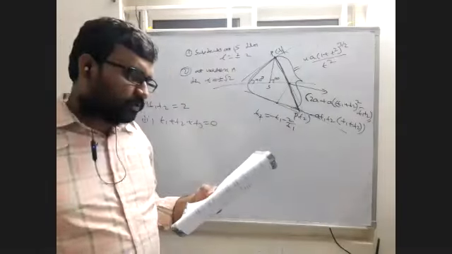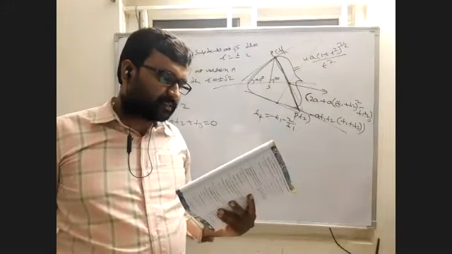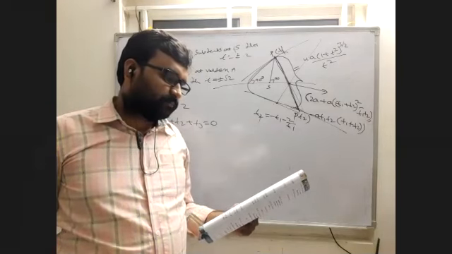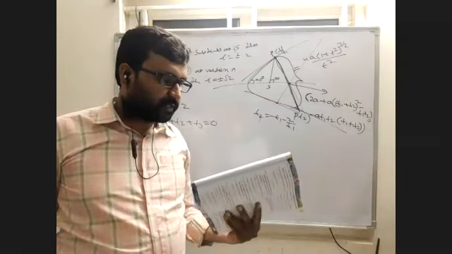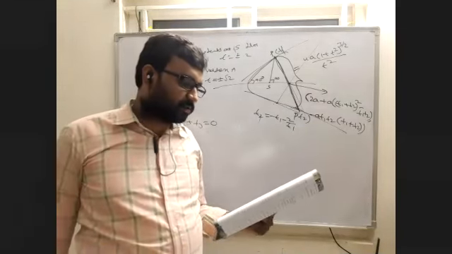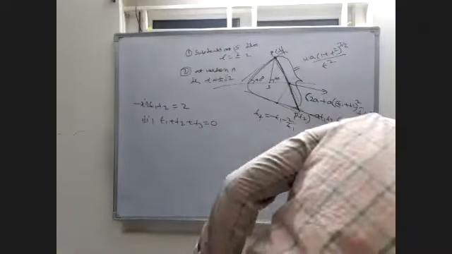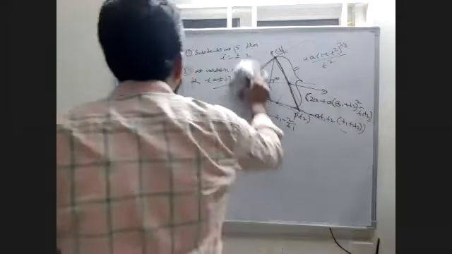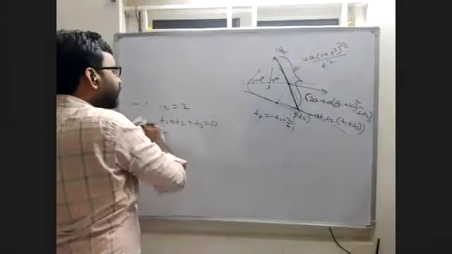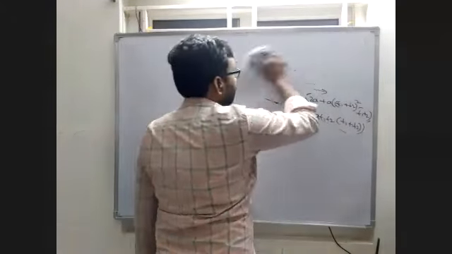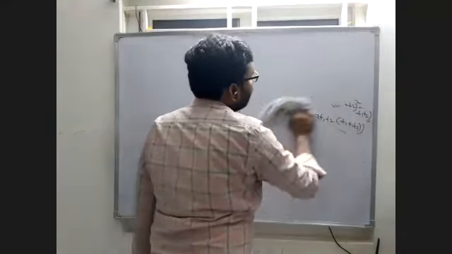if T1, T2, T3 are the feet of the normals drawn from a point P(x1, y1) to the parabola y square equal to 4x, then they are the roots of this equation. You have to remember. We can draw feet of perpendicular from a point to the parabola.